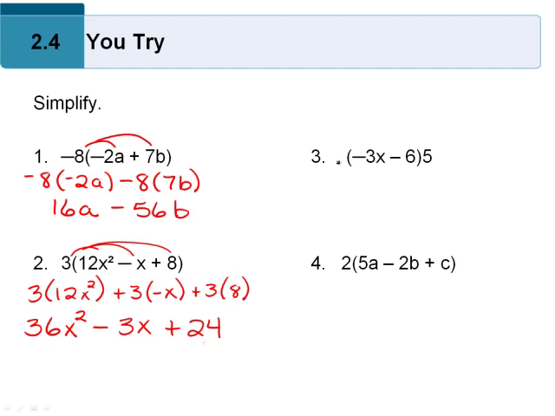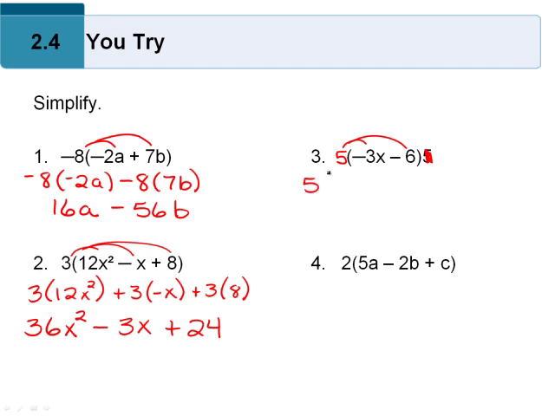Now, number 3 is like the one we did a few minutes ago where the number was on the opposite end and it looked kind of funny. So I'm going to scratch that 5 out and move it over to the front so it makes it more normal at the left side of that expression. So I'm going to distribute the 5 to those two terms.